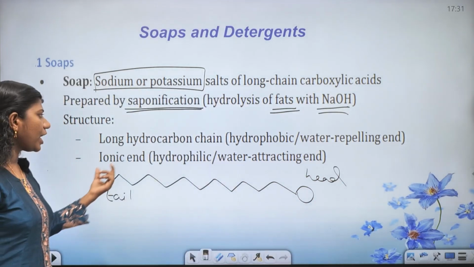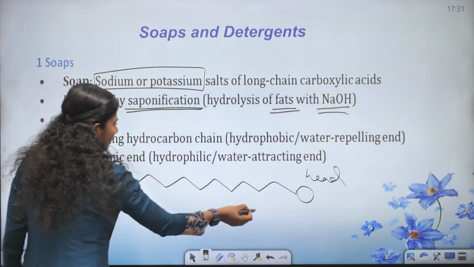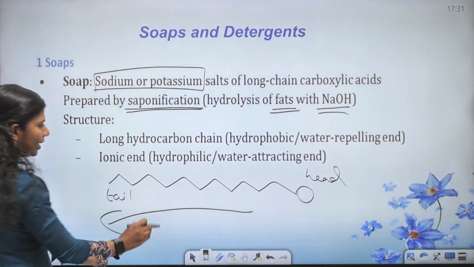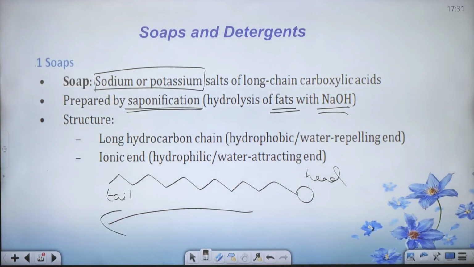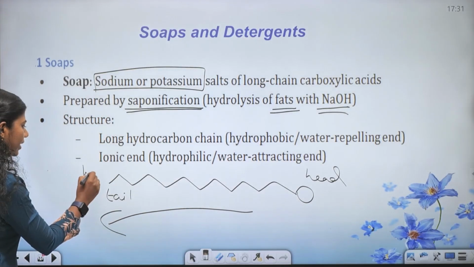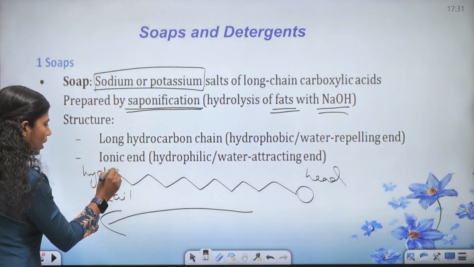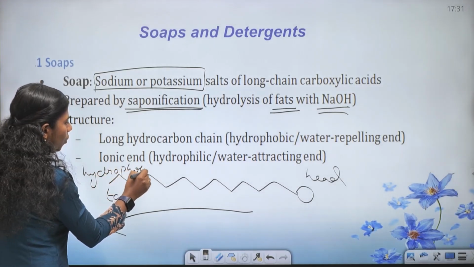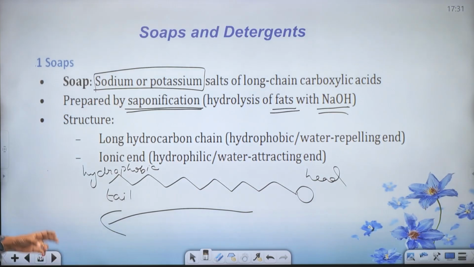The tail part is hydrophobic in nature. Hydro means water, phobic means hate. Hydrophobic means water repelling end.